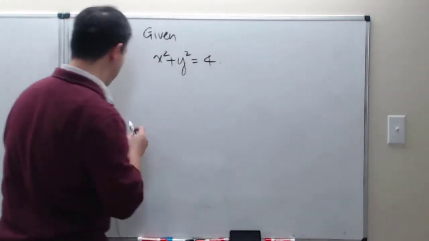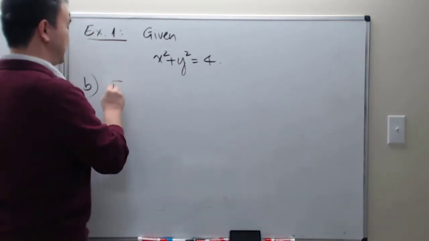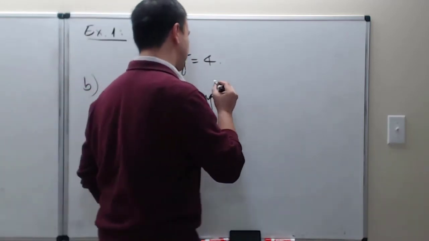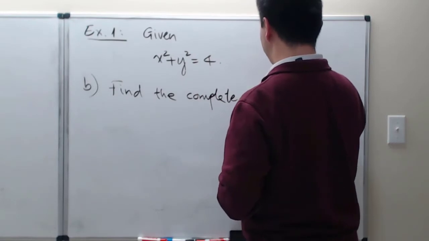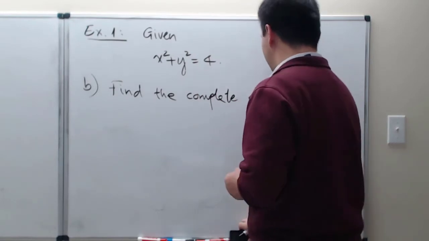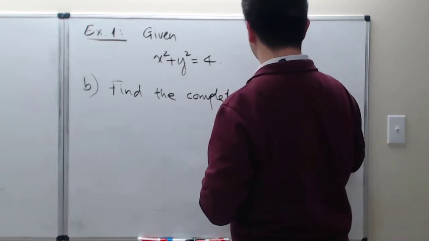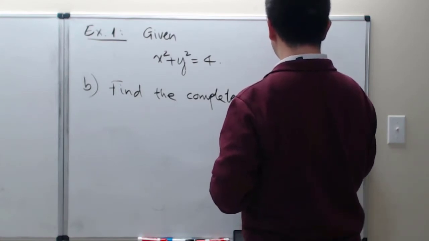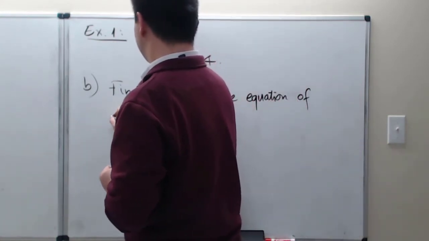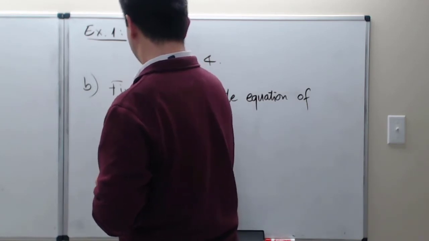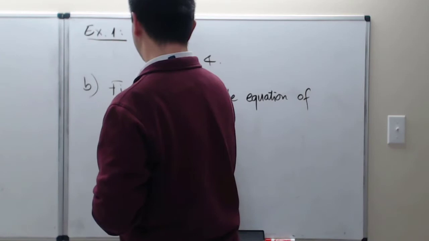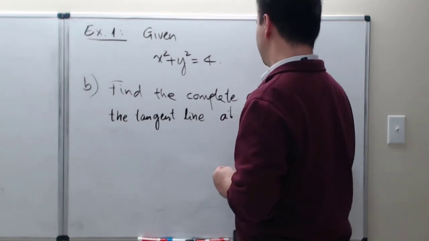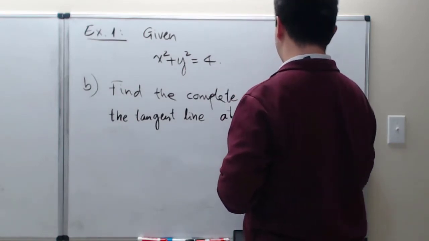Part B: find the complete equation of the tangent line at that same point, square root 2, comma square root 2.